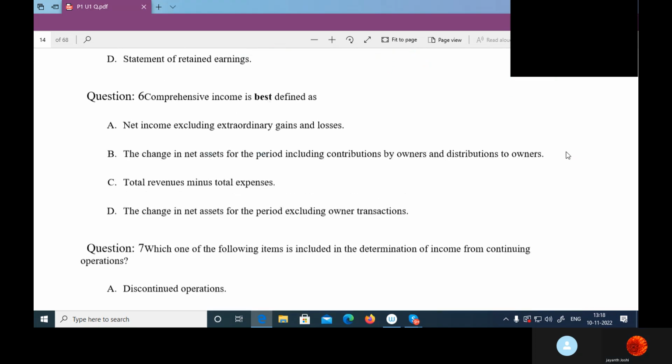Answer the next one. Comprehensive income is best defined as net income, revenue minus, the change in net assets for the period, including contributions, revenue, and distribution.